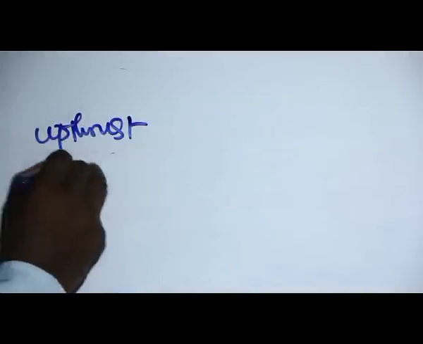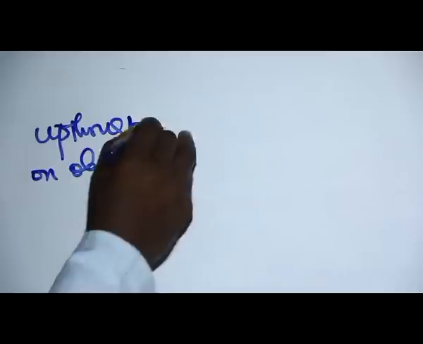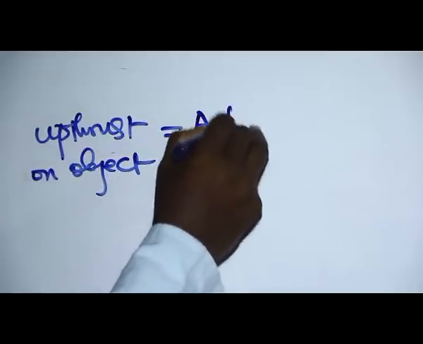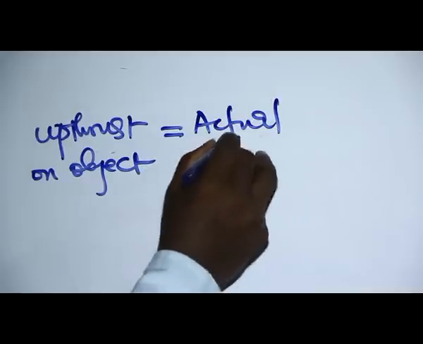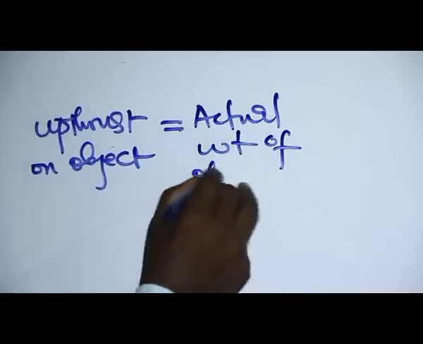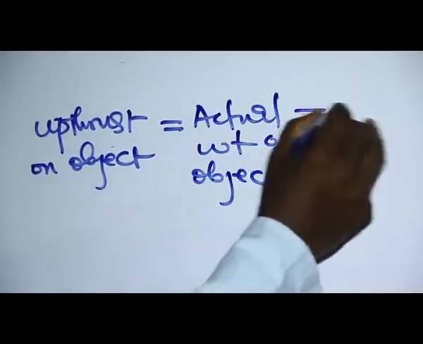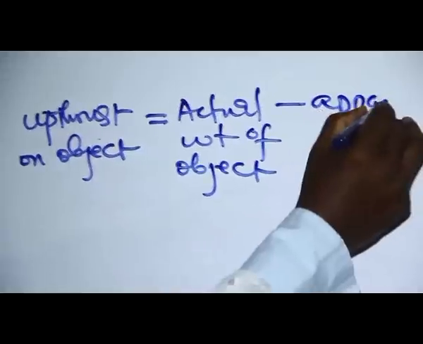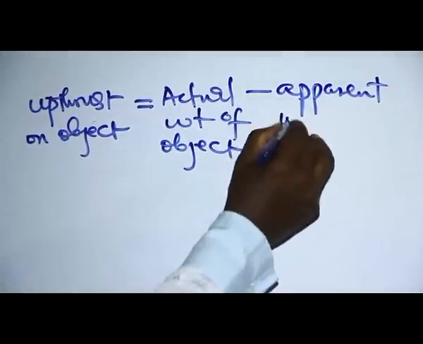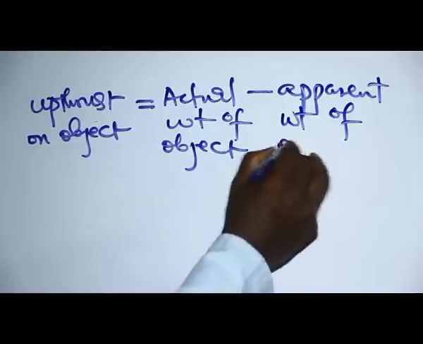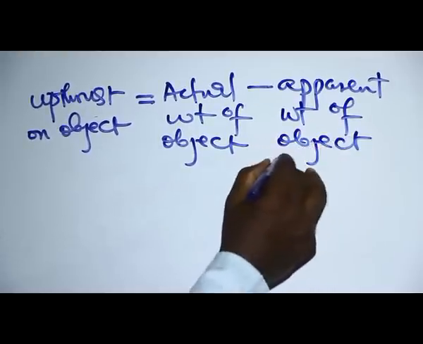Upthrust on an object is equal to the actual weight of the object minus the apparent weight of the object in liquid.